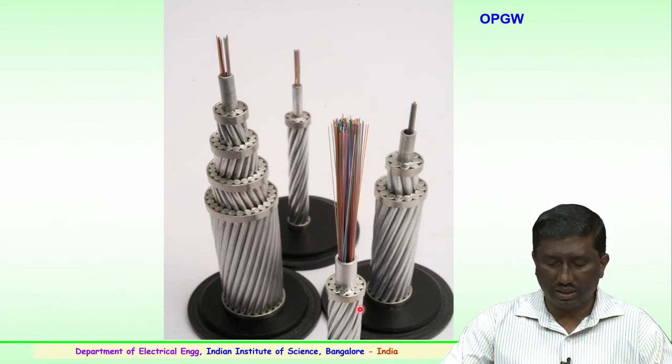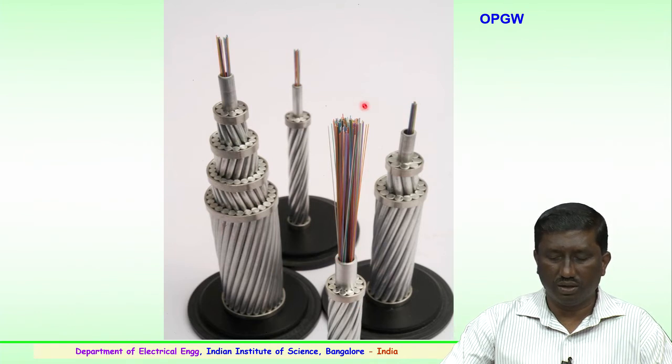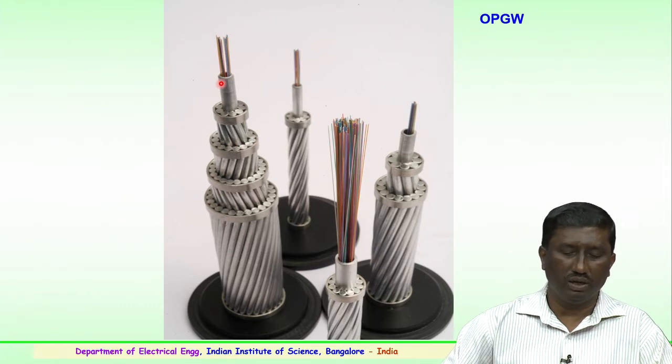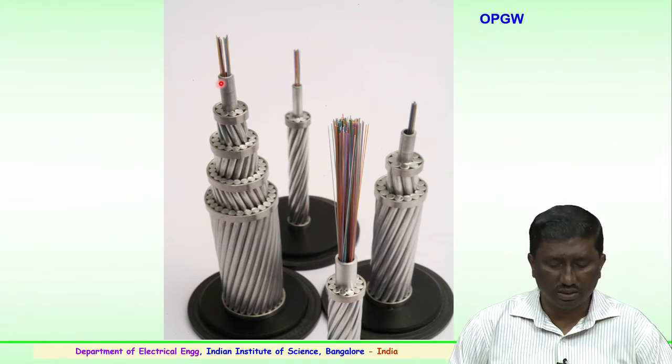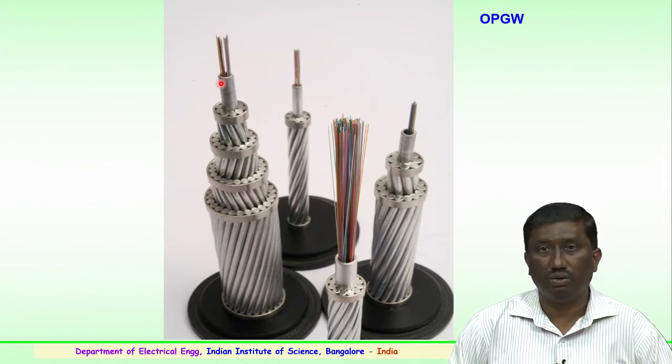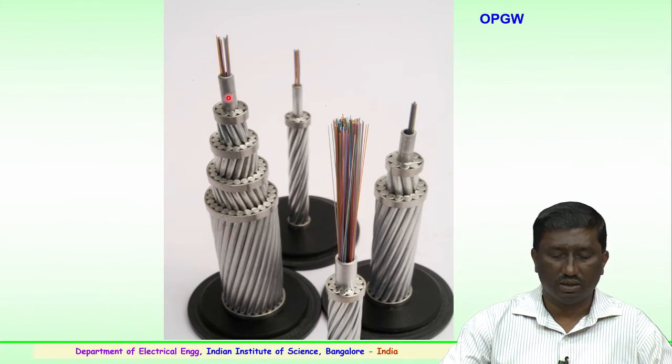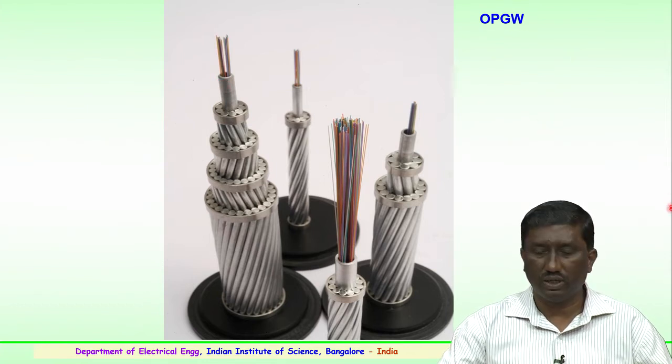You can see here the optical fiber conductors embedded in the conductors. For various voltage levels the size is different, and the optical link inside the conductor, connected to the topmost tower as an earthing conductor, will be helpful for the data communication.